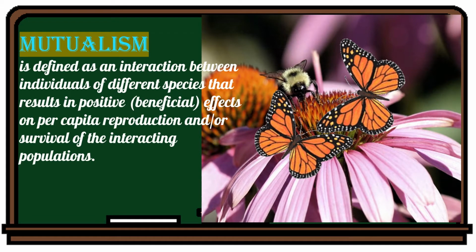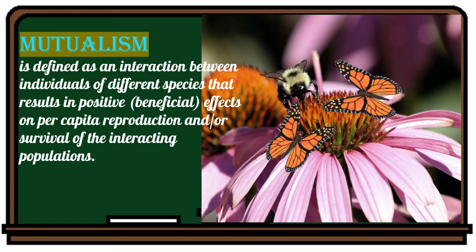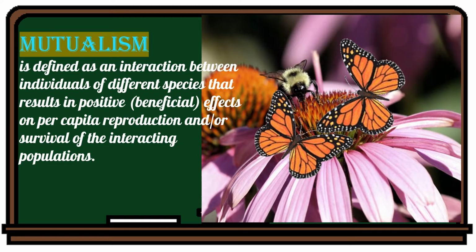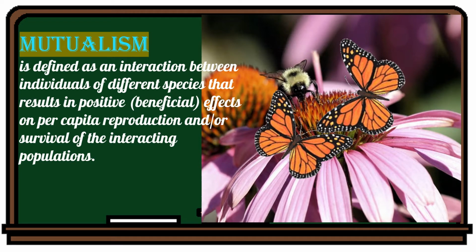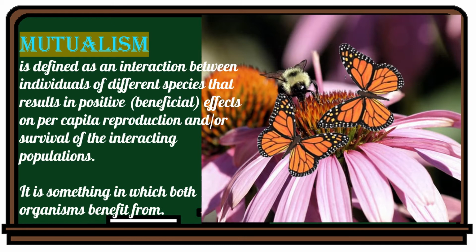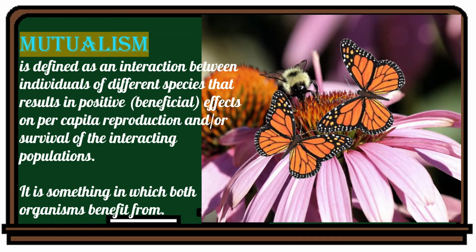Mutualism is defined as an interaction between individuals of different species that results in positive or beneficial effects on per capita reproduction and or survival of the interacting populations. It is something in which both organisms benefit from.